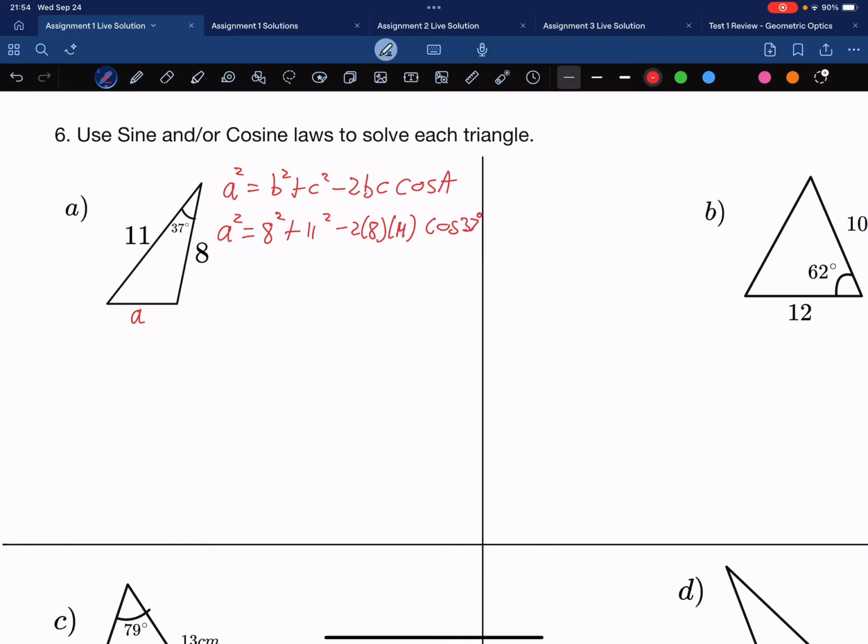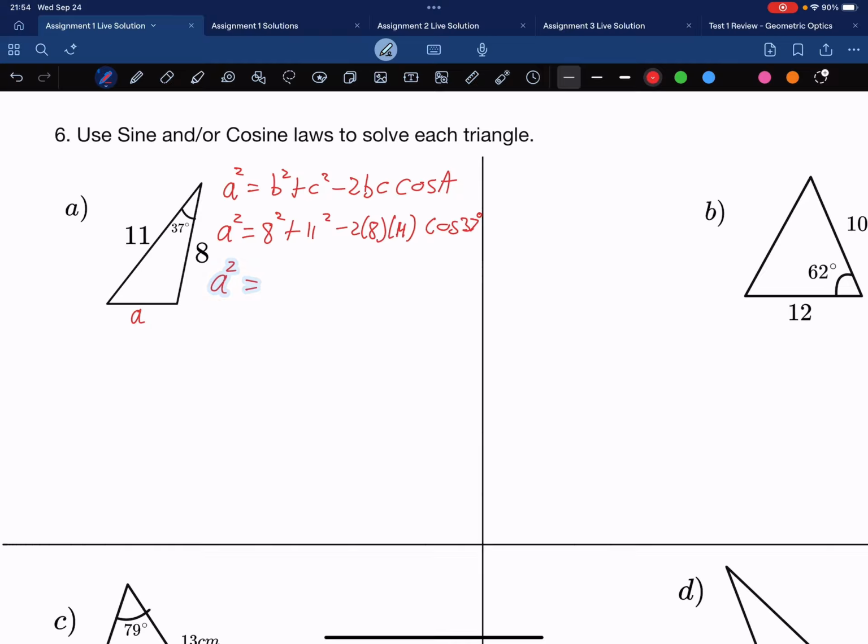And again, I don't think I mentioned this. Be careful with degrees. Some of your calculators or some online calculators might assume you are using radians and give you a wildly different result. Not necessarily wrong, but different than what you may have expected. So that will leave me with A squared equals 64 plus 11 squared, which is 121.